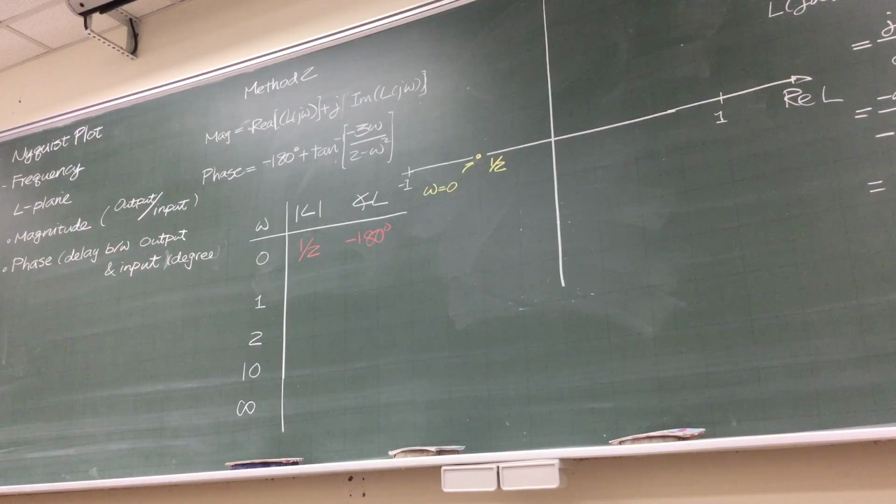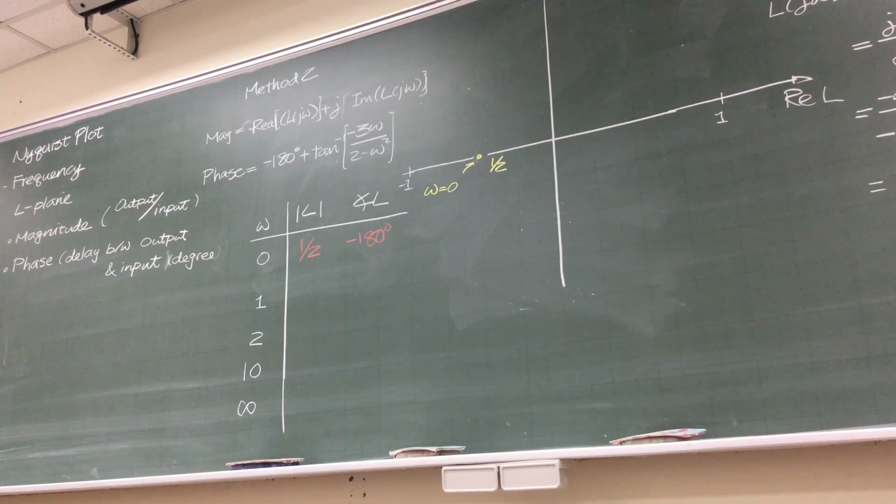So this is about 0.7 magnitude-wise. But when we consider magnitude, what are the things we need to consider as well? Phase. So if we do that, we get about negative 251 degrees.